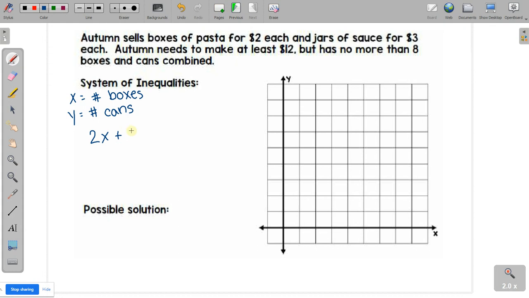So we're going to add 3 jars, which is going to be our cans, so y. And it says that she needs to make at least $12. So it's not going to equal 12. It needs to be at least, so it needs to be greater than or equal to 12.